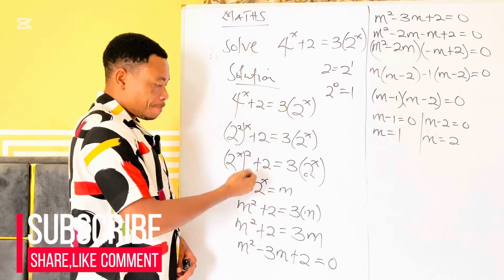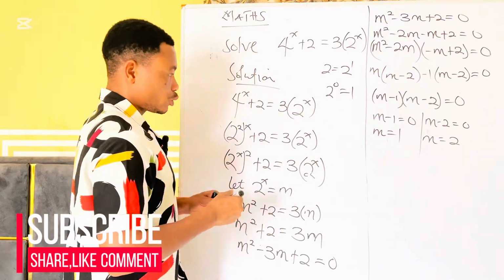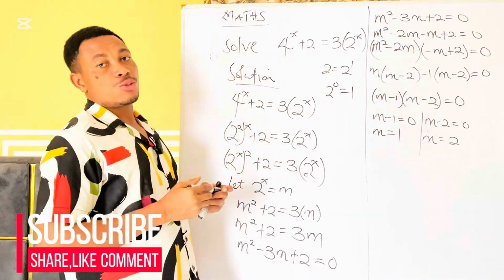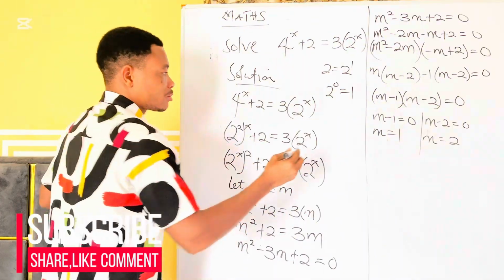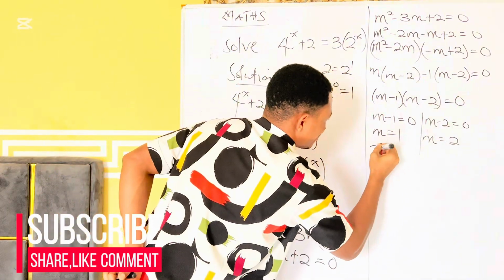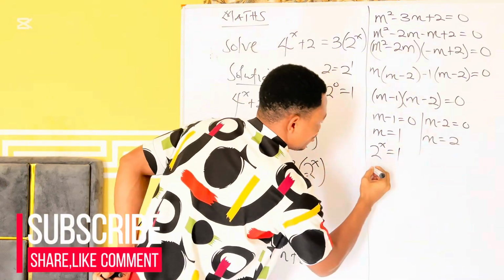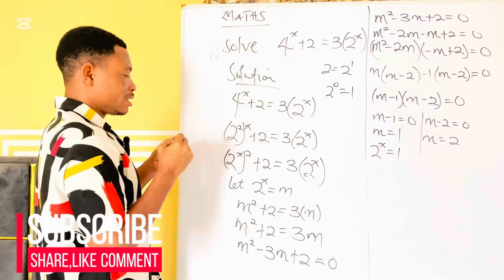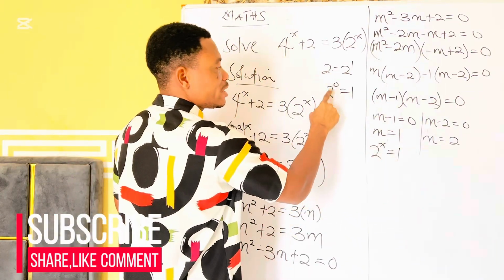Wherever we see m, we are going to replace it by 2 to the exponent x. So we have 2 to the exponent x is equal to 1 in place of m. Now let's look at something. This 1 here can equally be written as 2 to the exponent 0.